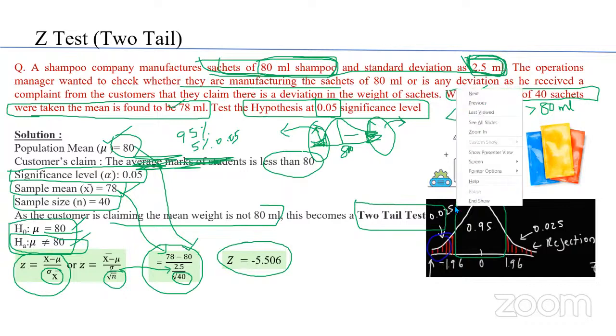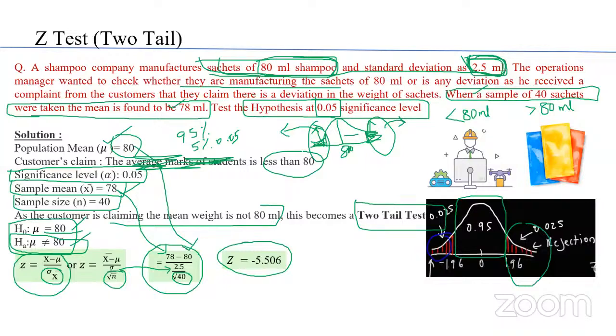The deviated sachets will go to the right side if it is more than that, and to the left side if it is less. According to the table, it should be minus 1.96 if it is coming less than, and plus 1.96 if it is going beyond 80.